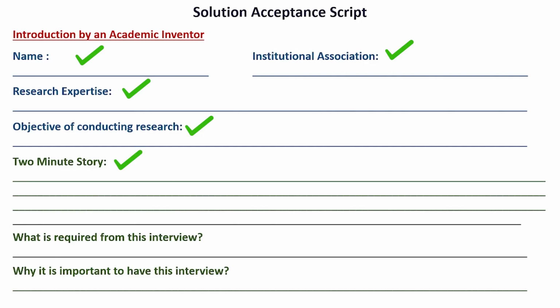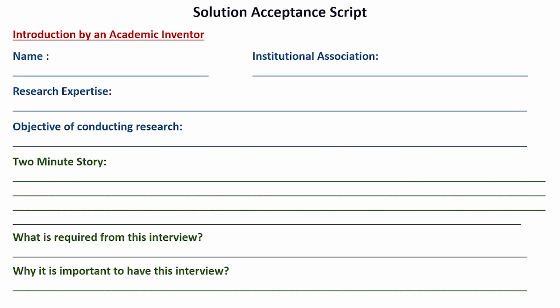by a 2-minute story. Now that 2-minute story would start from the problem that you have already explored through component number 1 of the LCI, and today you are in a position to tell your end user that I have seen this problem, it is out there, I have seen a variety of solutions that are already available, but the problem still exists and 100% solution of that problem has not been achieved.